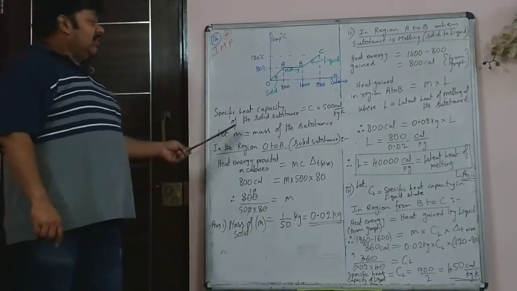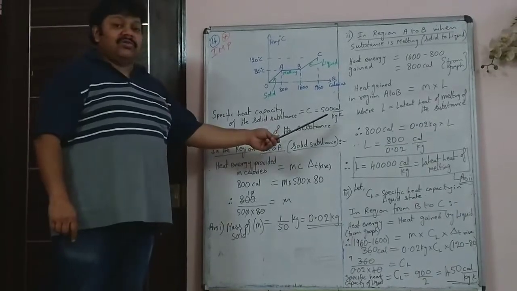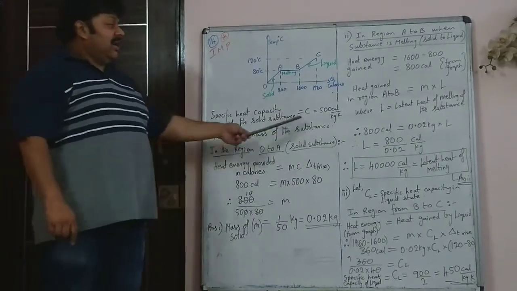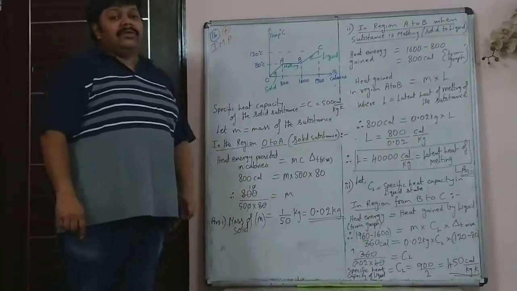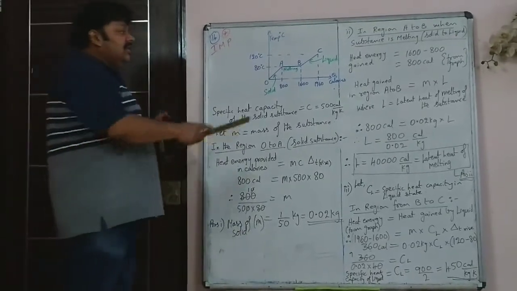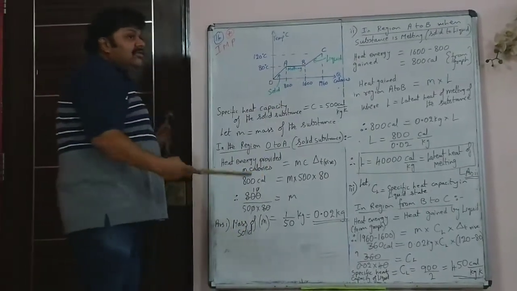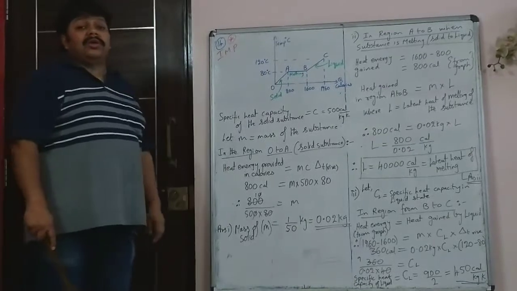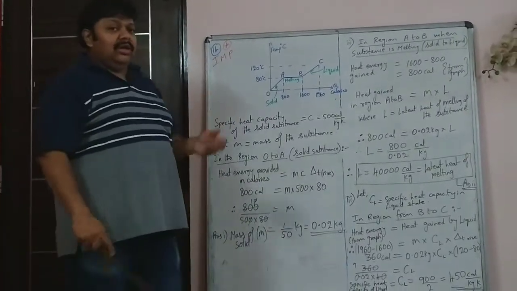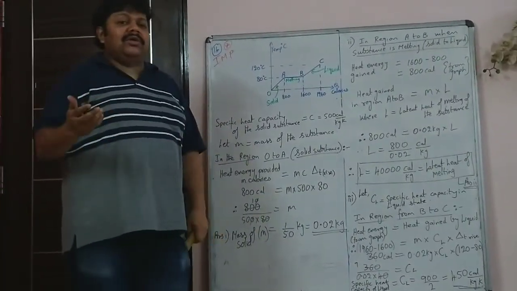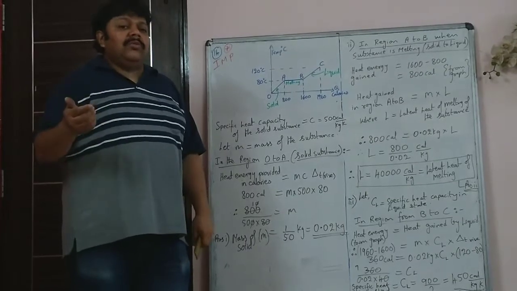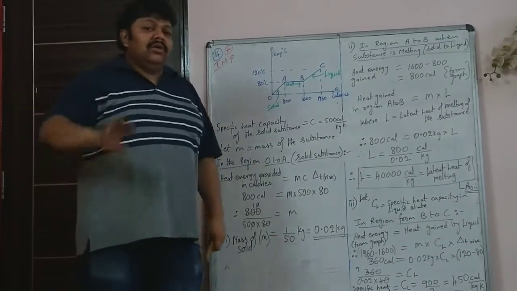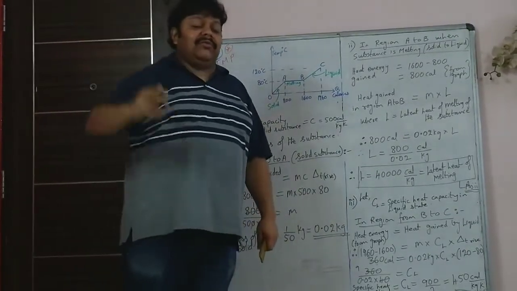separately. You are given specific heat capacity of solid substance is 500 calorie per kg Kelvin. Obviously, in solid and liquid state, substances have different specific heat capacity. You know it already. Ice specific heat capacity is 2.1 joule per gram degree Celsius, whereas water is double of that.